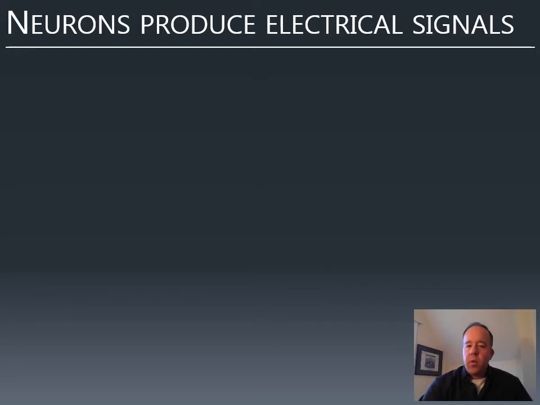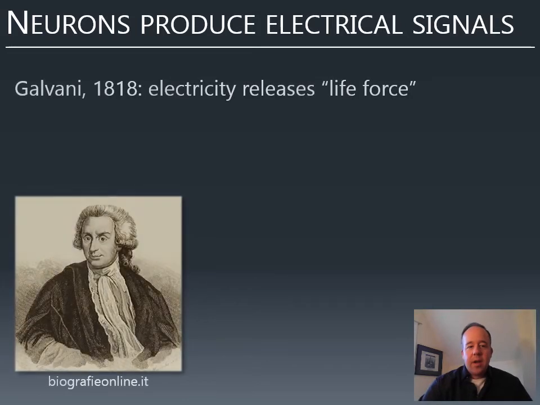So neurons use electrical signals. We've already said that, but again, we're going to get more specific starting about now. So a little bit of history. We've already talked about Galvani in the 18th and early 19th century. And Galvani discovered that electricity has something to do with the nervous system, with how our bodies work. He thought it was sort of a life force.